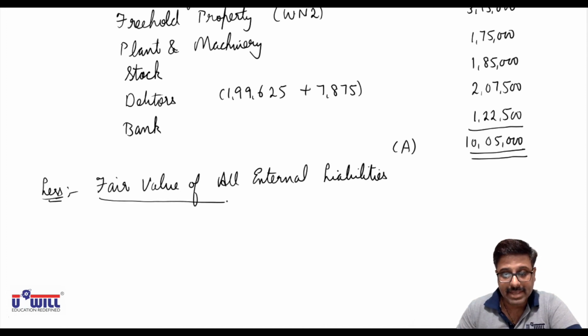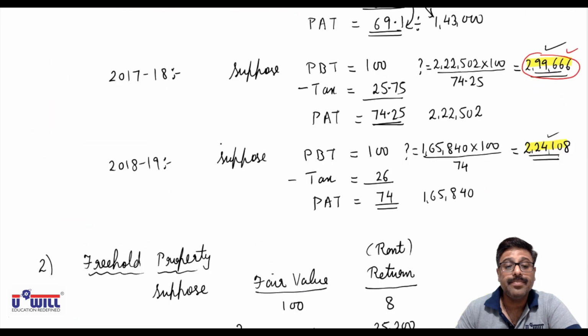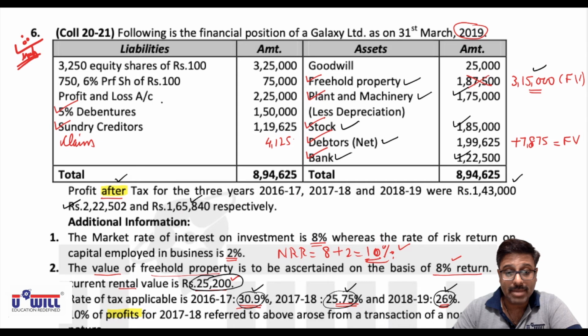Now from the liabilities side we'll get the fair value of all external liabilities. So which are the ones? External liabilities include debentures 1,50,000.